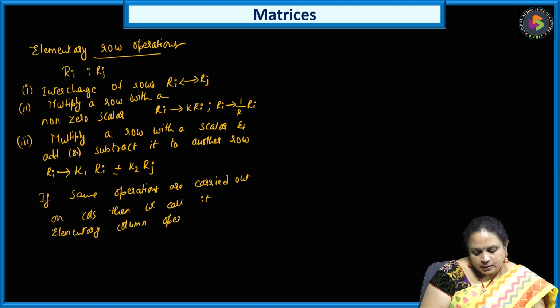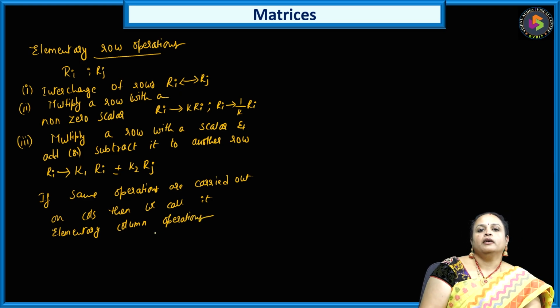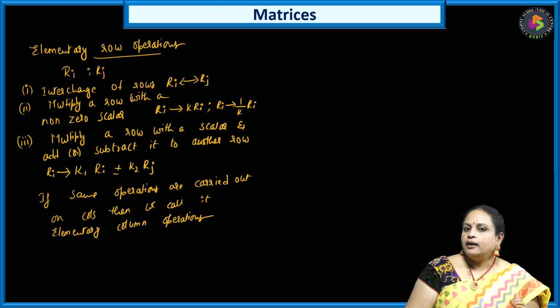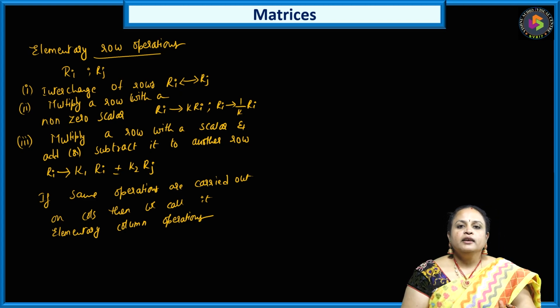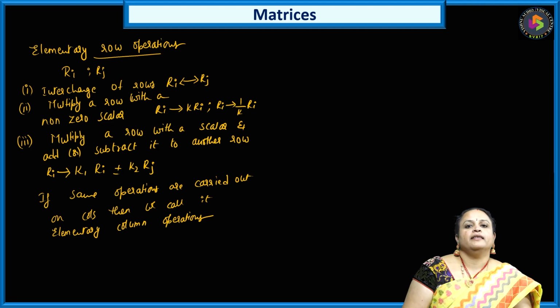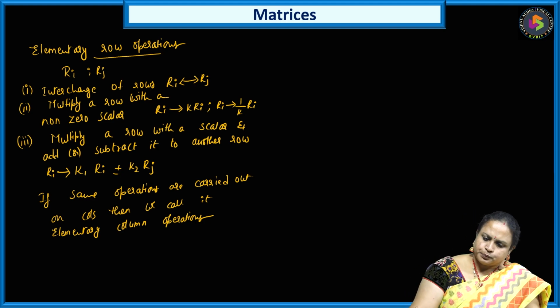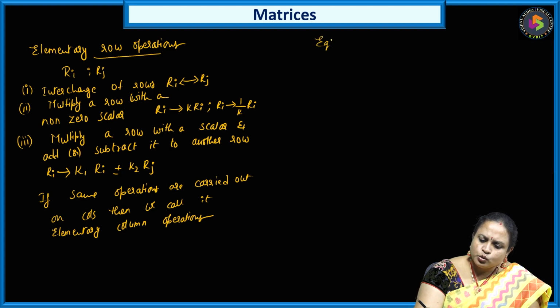If these operations are carried out on rows, then they are elementary row operations. If they are carried out on columns, then they are elementary column operations. Now, equivalence of two matrices.